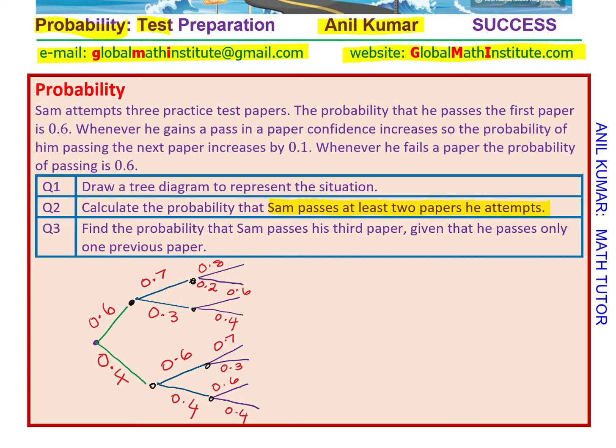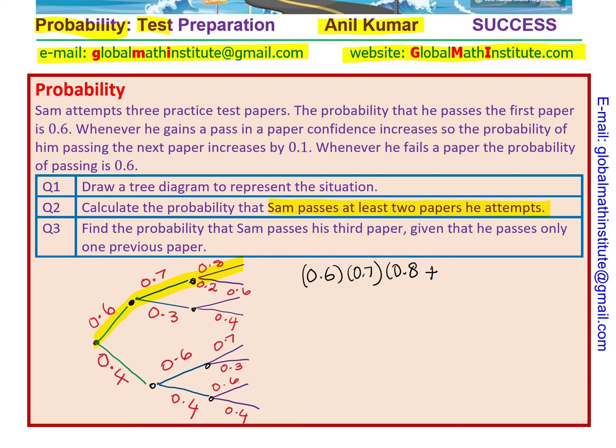Well, Sam passes at least two papers means he could pass all the three, right? All the three means this, correct? So in that case, the probability of this will be 0.6 times 0.7 times 0.8, right?